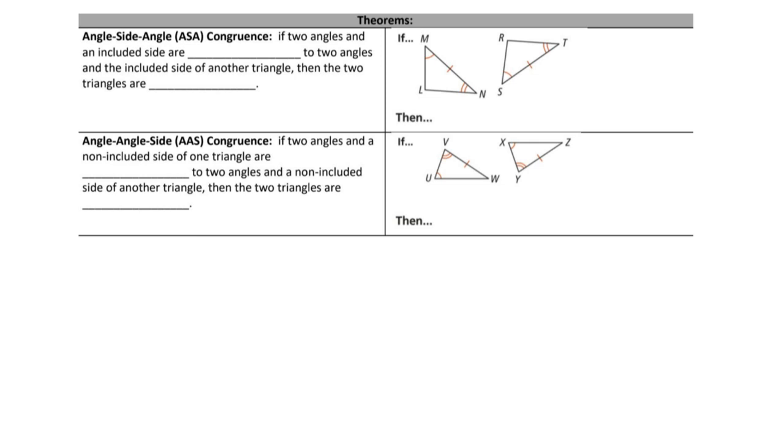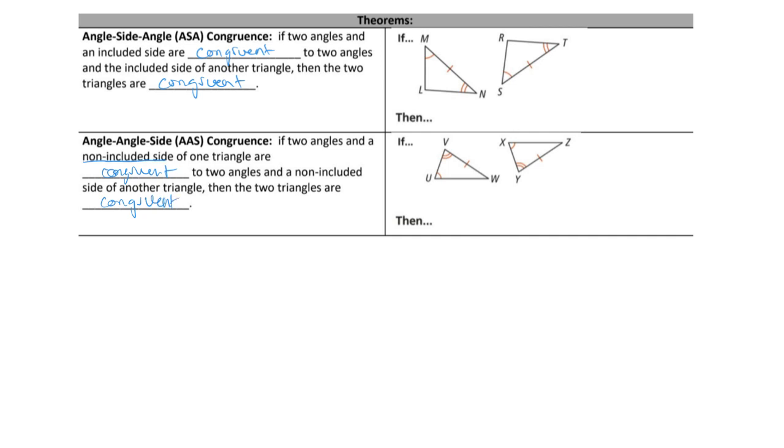Angle side angle says if two angles and an included side are congruent to two angles and the included side of another triangle, then the two triangles are congruent. So we can prove if there's an angle, then a side, then an angle. Also, if two angles and a non-included side are congruent to two angles and a non-included side of another triangle, then the two triangles are congruent.